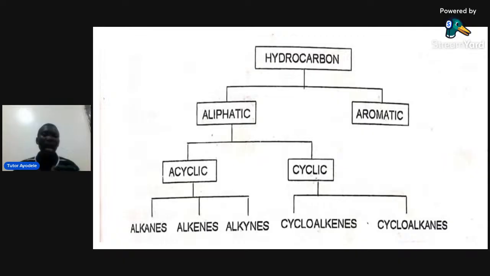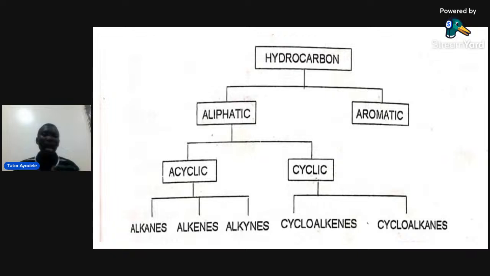Under the classification of organic chemistry, we have the hydrocarbons and the non-hydrocarbons. But in this class, we'll be looking at the hydrocarbon aspect. So as I was saying, aromatics such as benzene are made up of just carbon and hydrogen only.